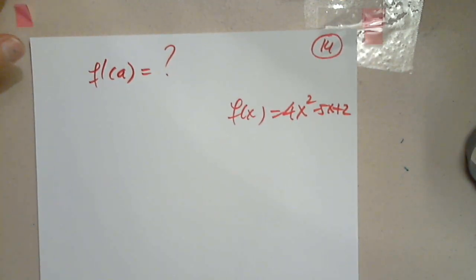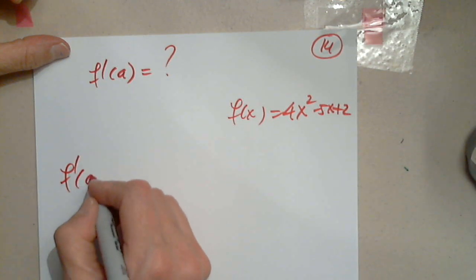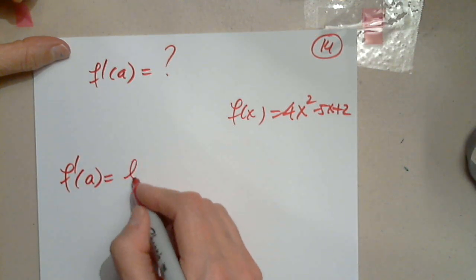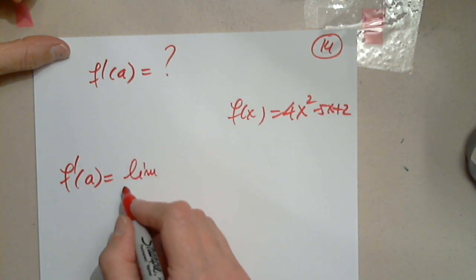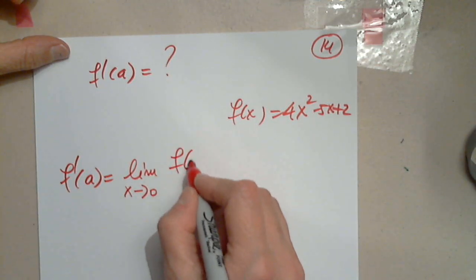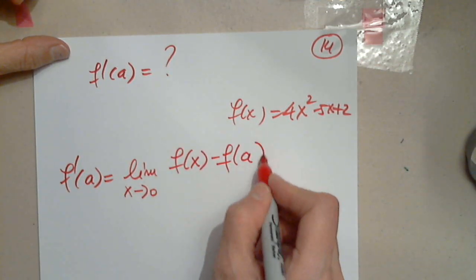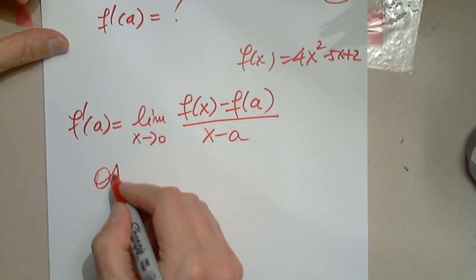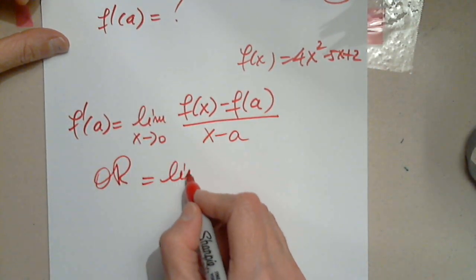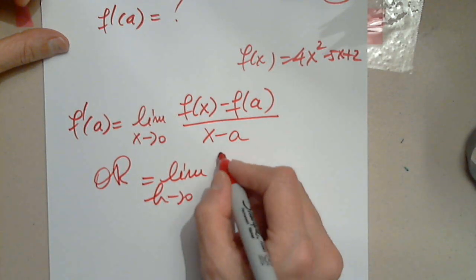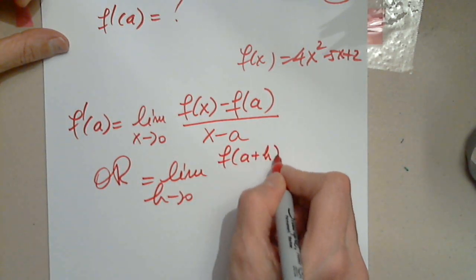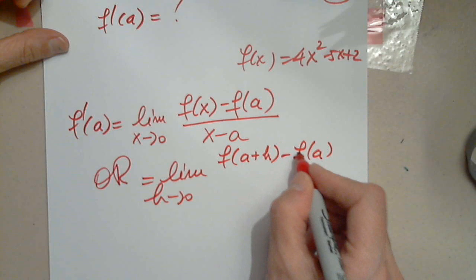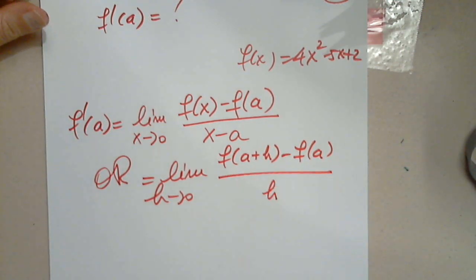Right. Okay, so remember f prime of a has two possibilities. One is the limit as x approaches a of (f of x minus f of a) over (x minus a), or the limit as h approaches 0 of (f of a plus h minus f of a) over h.